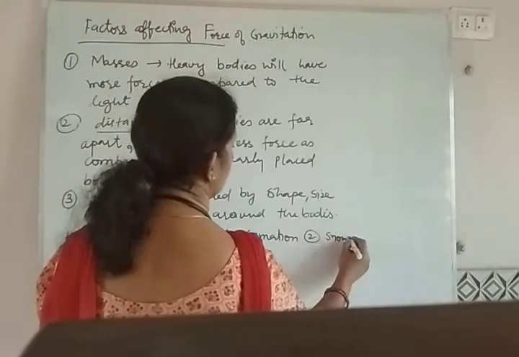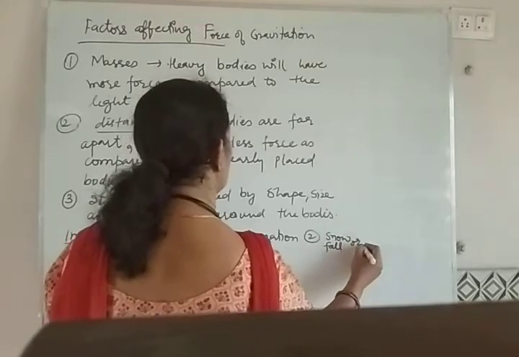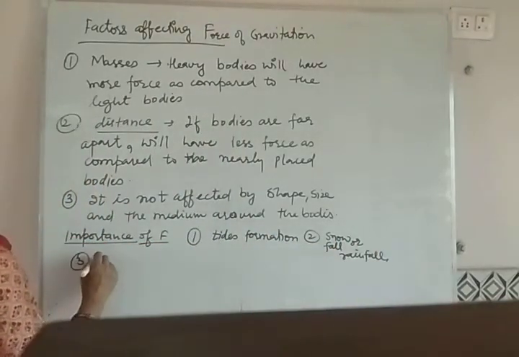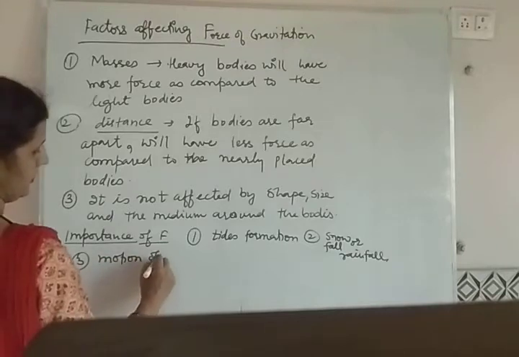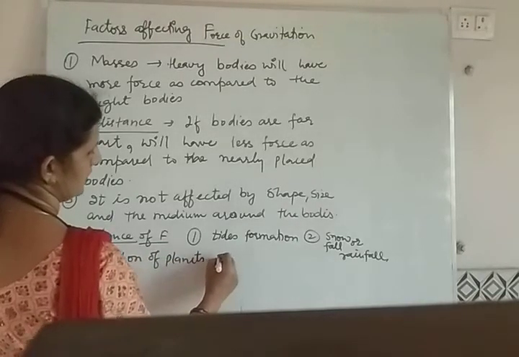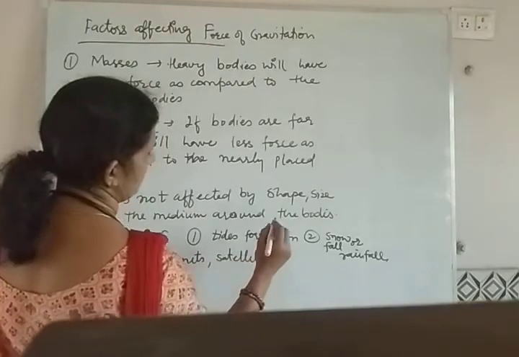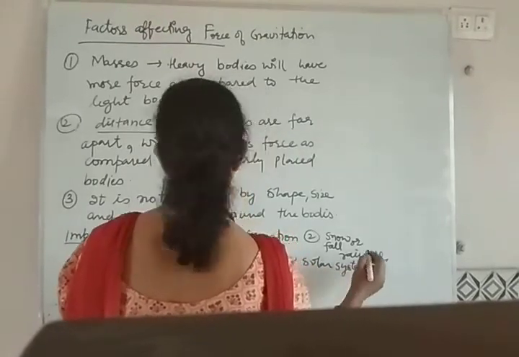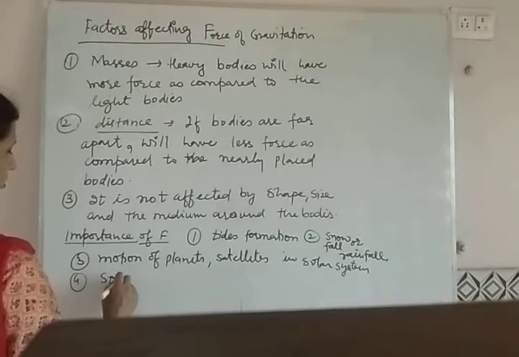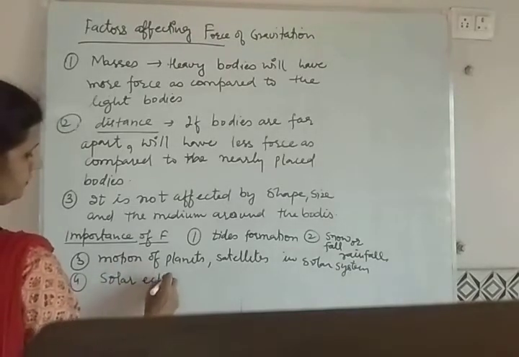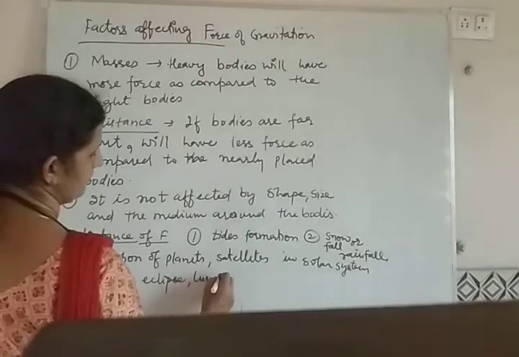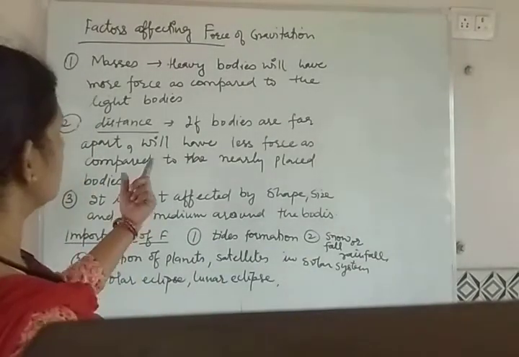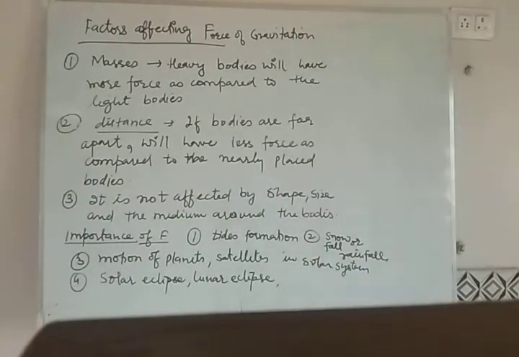Then snowfall or rainfall, then motion of planets and satellites in the solar system, then solar and lunar eclipse, and many more such points which are based on the force of gravitation.